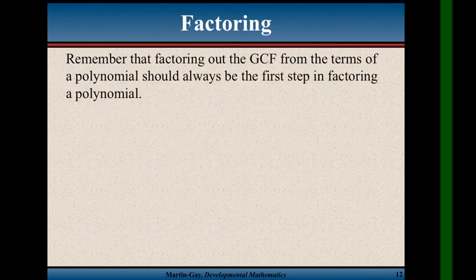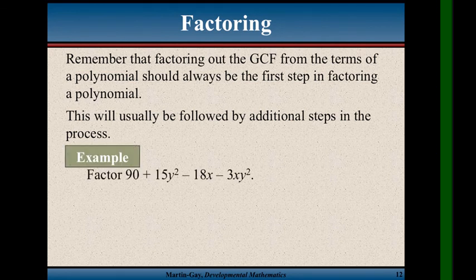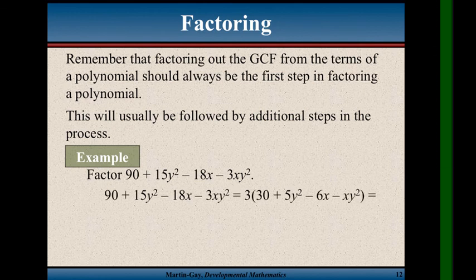Remember that factoring out the GCF from the terms of the polynomial should always be the first step in factoring polynomials. This will usually be followed by additional steps in the process. Example, factor 90 plus 15y squared minus 18x minus 3xy squared.